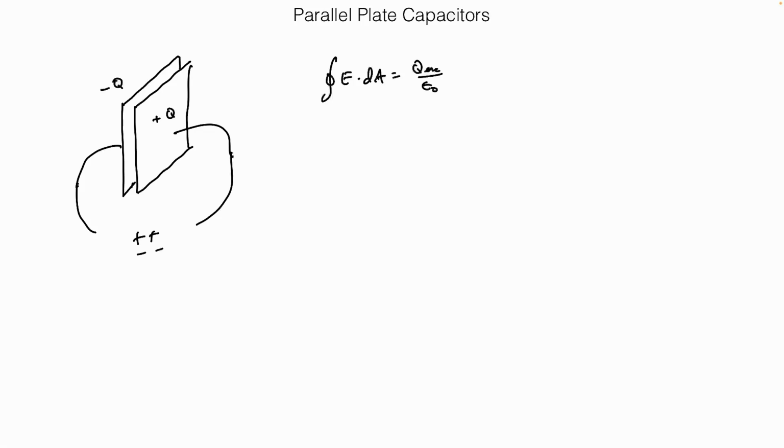So I'm going to have an electric field through some area. And if I make the area the same area as my capacitor, it's even easier. I've got my charge on the plate, and I've got epsilon naught, right? So that means my electric field is going to be Q over the area times my electric field constant, right?